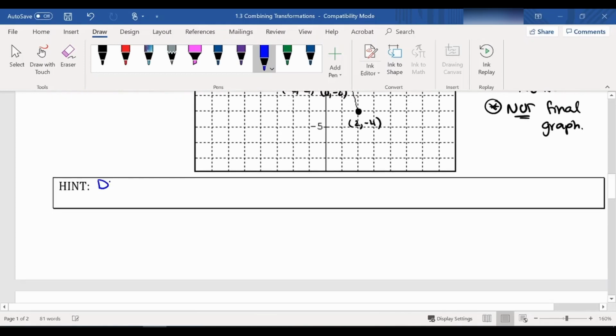Do expansions, compressions, reflections first.